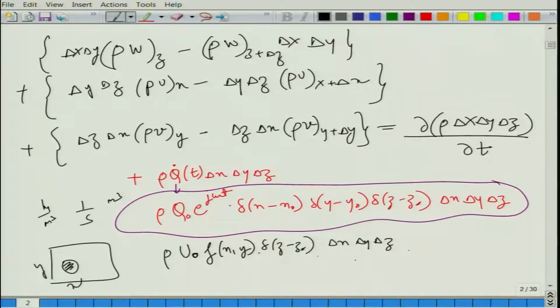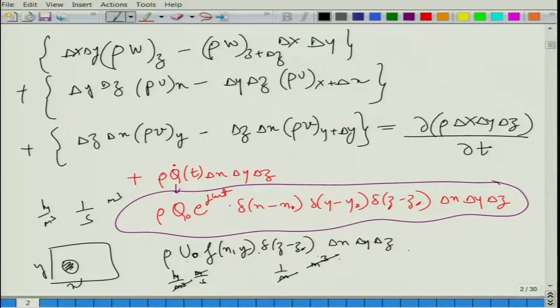So, what about the dimensionality of such things? Dimensionality wise, it should not be a problem. We have kg by meter cube, and here meter square, meter by second, and this is of course per meter, you have your Dirac delta function representation, and here you have your meter cube. Under such a situation, these two get cancelled, and this meter gets cancelled.